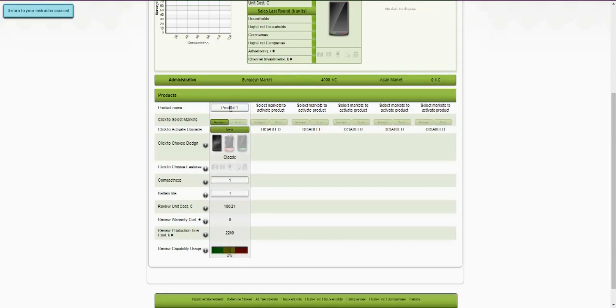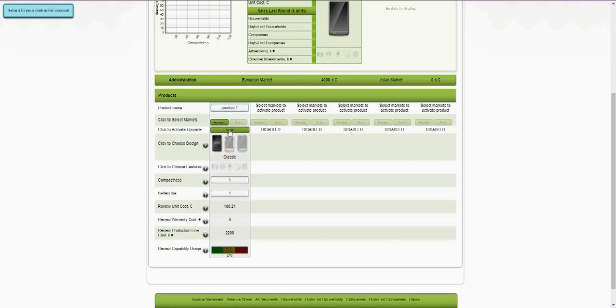The first thing you do is change the product name. You can put whatever you want to call it there, and you can think about your branding strategy, what the name is, but really this is just to identify the product. You can then decide whether it's a brand new product.